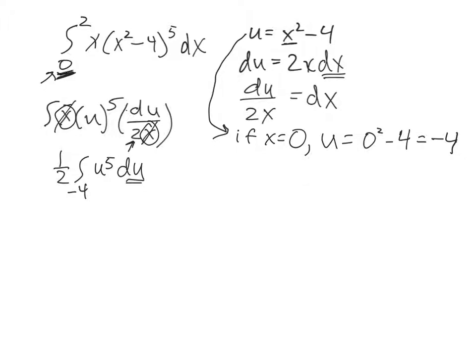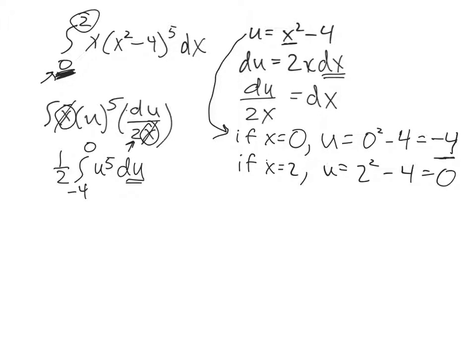When x is 0, u turns out to be negative 4. Then we go to the upper limit and say, well, if x equals 2, u equals what? Well, 2 squared minus 4, u equals 0. So now we're in terms of u completely.